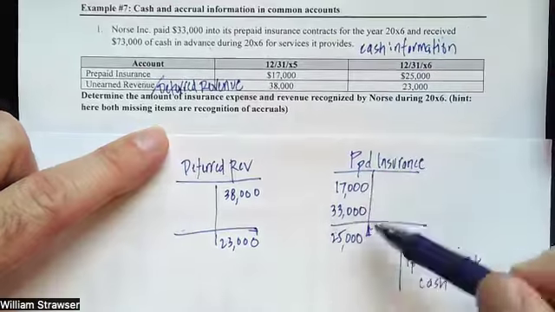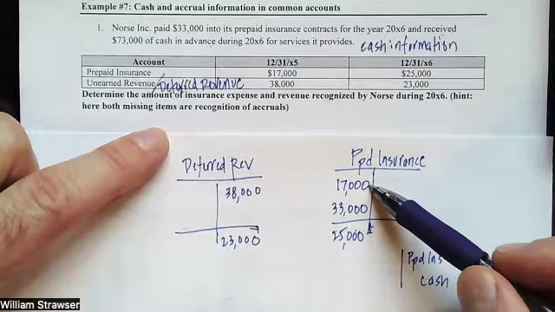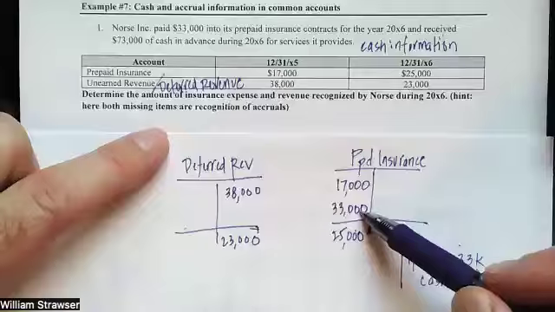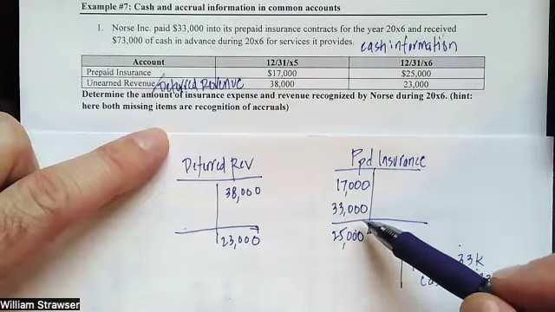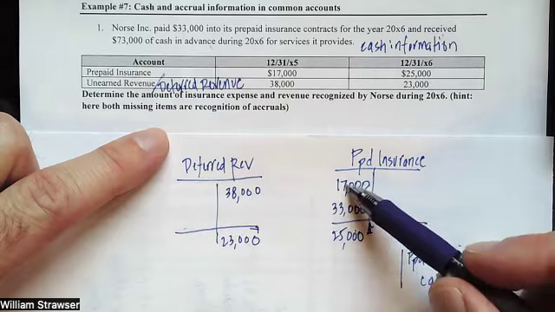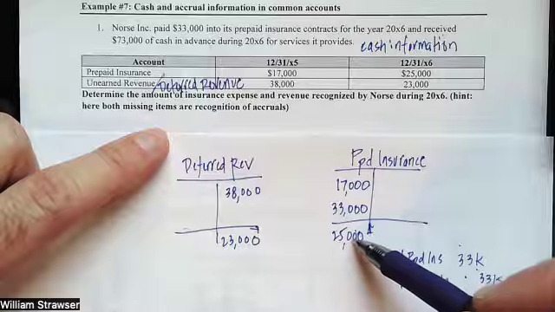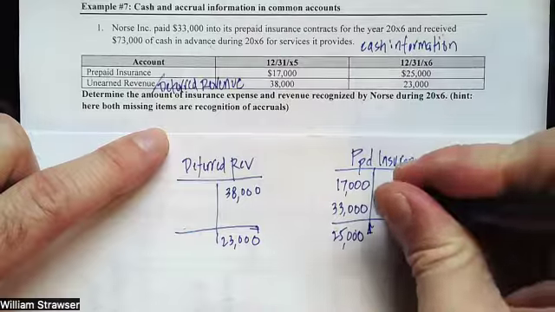Now we look at what we have here, and clearly it doesn't align because I started with 17,000. I added another $33,000 of prepaid insurance to it, and 33,000 plus 17,000 is going to give me 50,000, not 25,000, right? So what that means is there must have been a credit here.